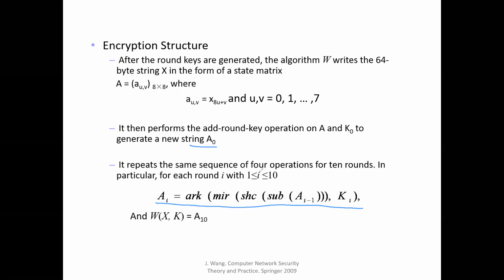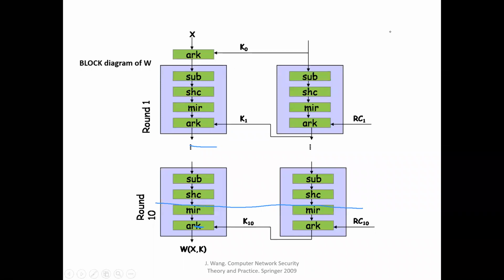So I want to get A1, A2 up to A10. For A_(i-1), you do substitution, shift columns, mix rows, and add round key, the ith round key. Then you get A_i, and your output is A10. So this is the diagram of this encryption algorithm.